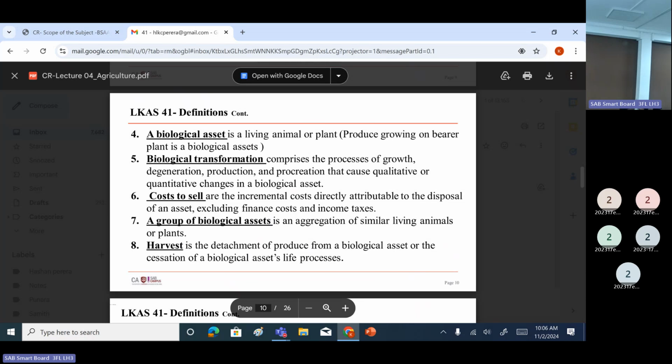In a tea plantation, it is plucking tea, and in the milk manufacturing industry, it is getting milk from the cow. So that is the harvesting process. Harvesting means getting, or resulting, whatever the process of getting an outcome from the biological asset. That is called harvest.